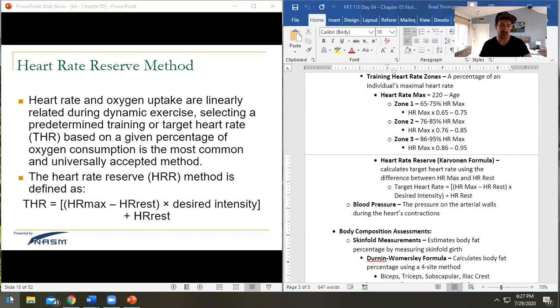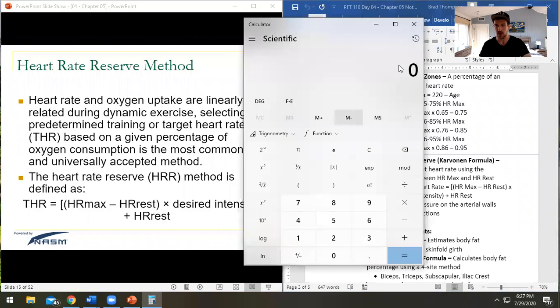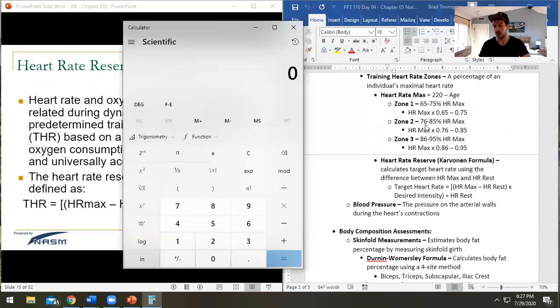So if I were to do this for myself, and I was trying to be in zone 2 today, I would take my heart rate max, which is 220 minus 32, so a heart rate max of 188 beats per minute. Then I would subtract my resting heart rate, so I would take 61 beats out of that, leaving me with 127. Then I would multiply that by the intensity that I desire, which is going to be a minimum of 76%.